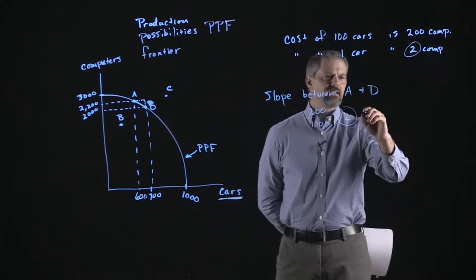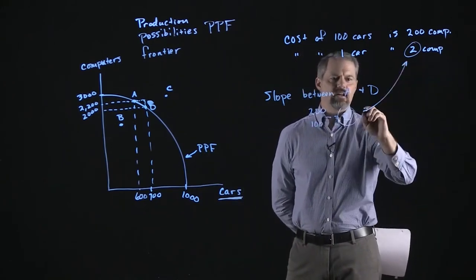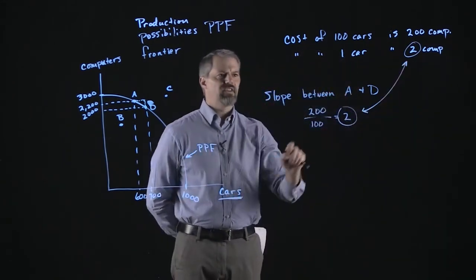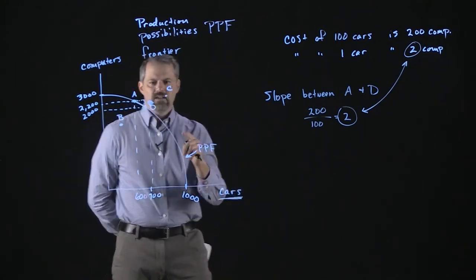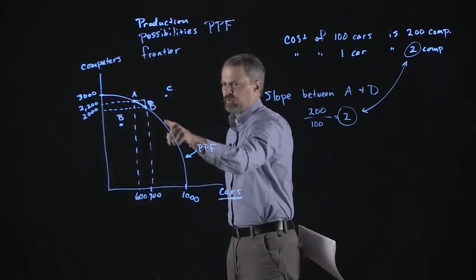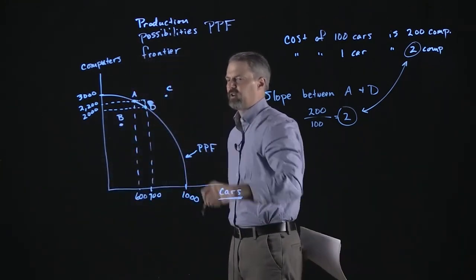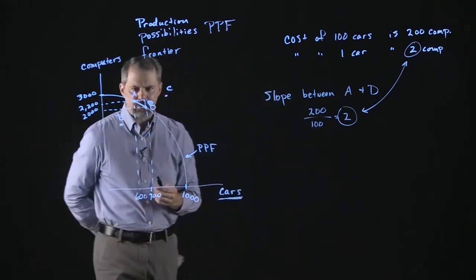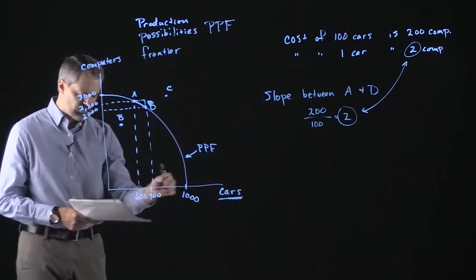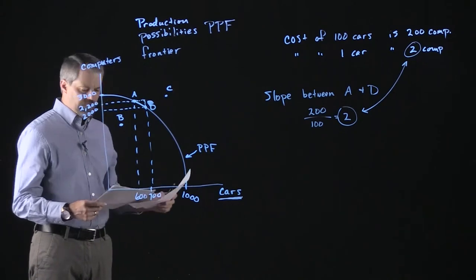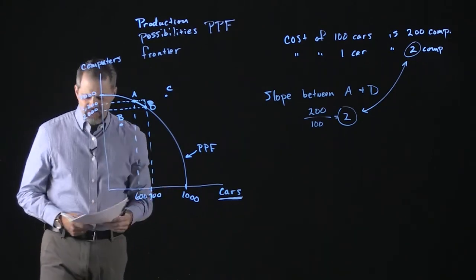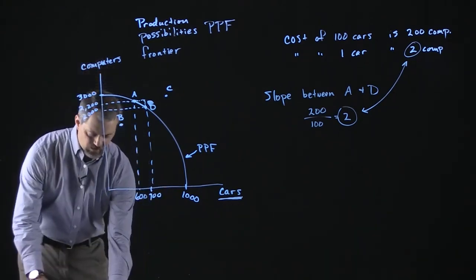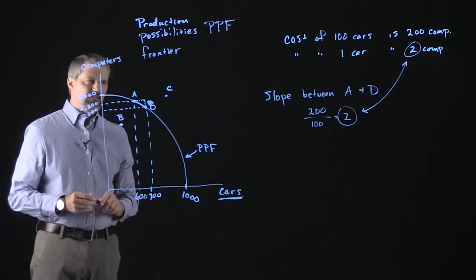So the fact that the opportunity cost and the slope are the same is not a coincidence. The downward slope of this production possibilities frontier is showing us the opportunity cost of producing this good on the horizontal axis.